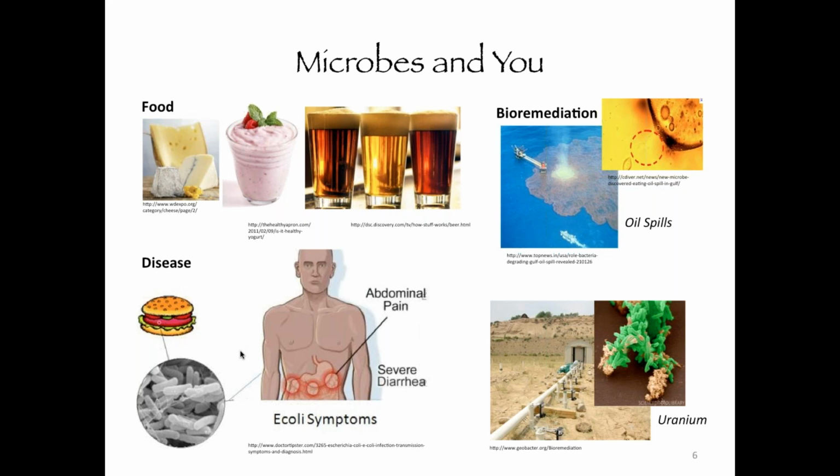Another example is the Oak Ridge National Lab in the United States, where microorganisms are used to bioremediate uranium contamination. Microorganisms can also affect human health. For example, we frequently hear about people getting food poisoning from contaminated foods. So in a sense, we're living in a microbial world.